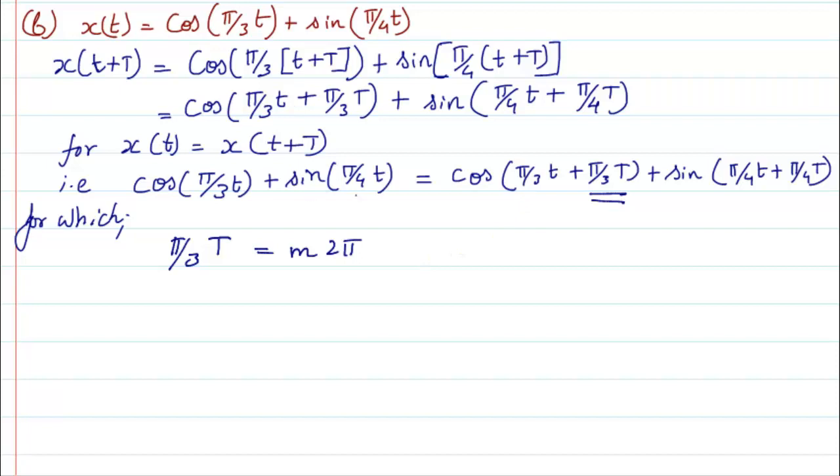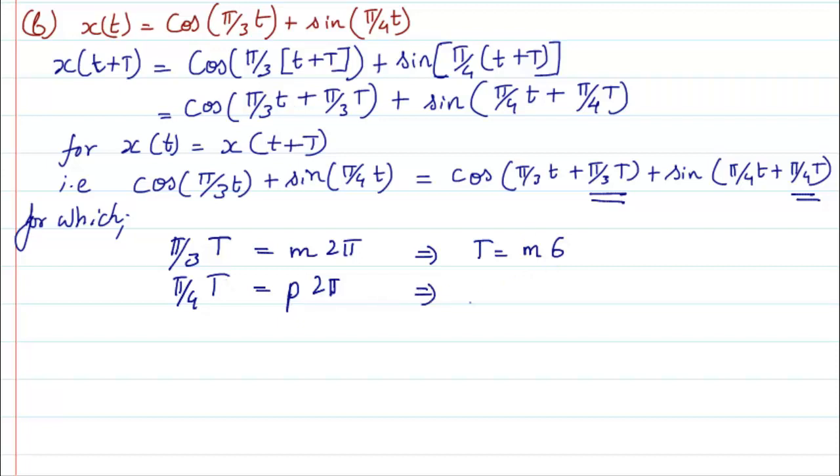And similarly for the second case, for the sine also to be periodic, this pi by 4 T should be equal to some multiple of 2 pi, but since I have already used m, I will use some p times 2 pi, because m cannot be the same for both cases. So from this one I will get that capital T is going to be equal to m into 6, correct?